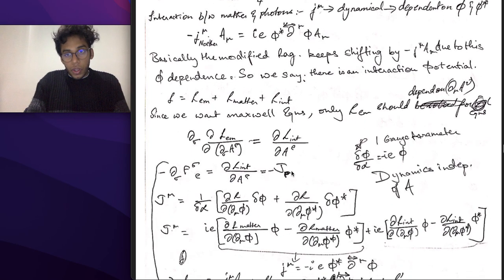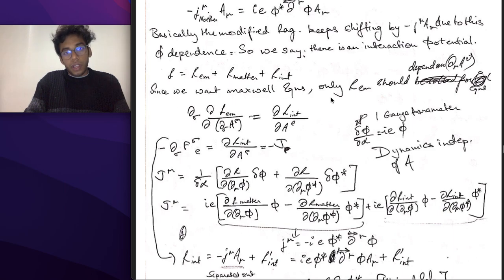And the physics that you follow is very simple. Since we want the Maxwell equations satisfied, only the electromagnetic Lagrangian should vary with ∂_σ A_ρ.